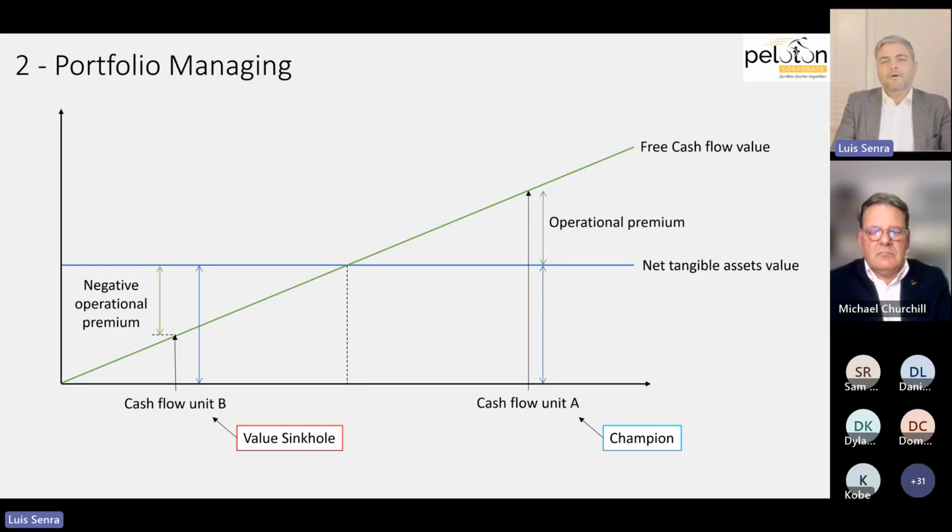If you have a sinkhole inside your company, for private equity it is actually good because we also know how to create value with sinkholes. And the easiest way to create value with sinkholes is actually to divest this part of the company. This is, I think, a misunderstanding of most executive teams. When they look at a company, they look at the underperforming part of the company, and they put a lot of resources trying to save it.